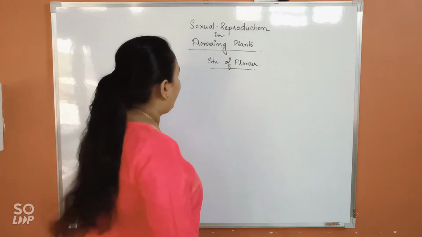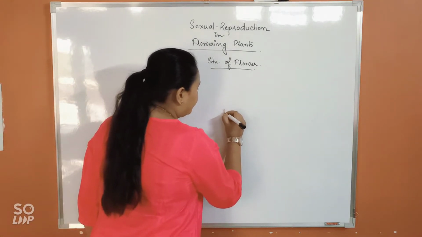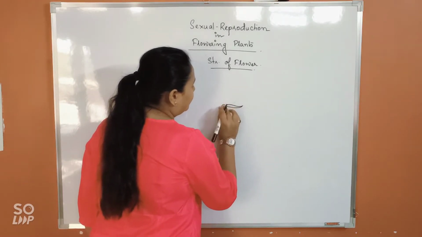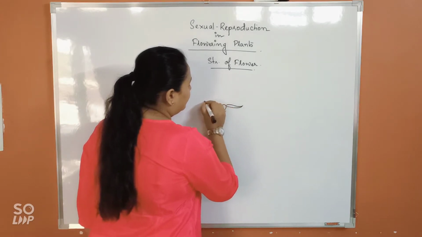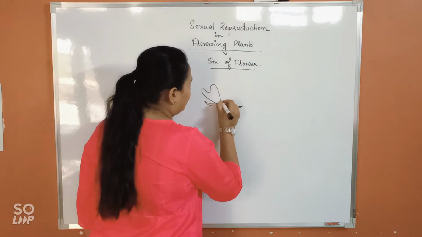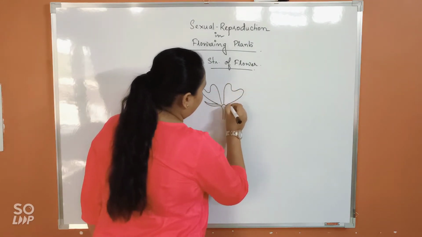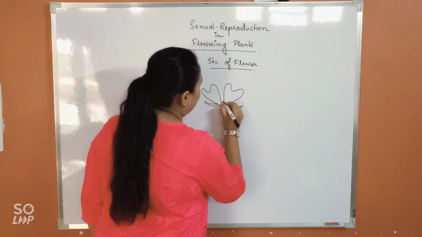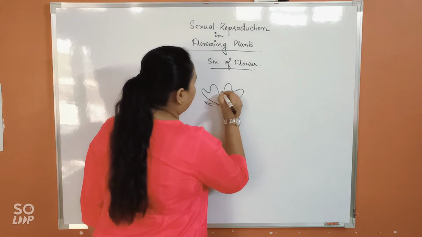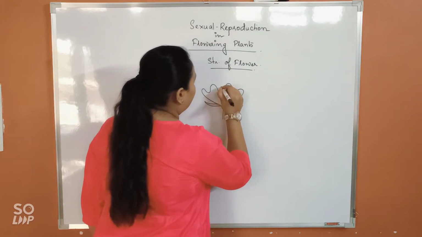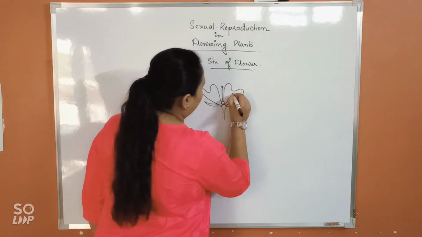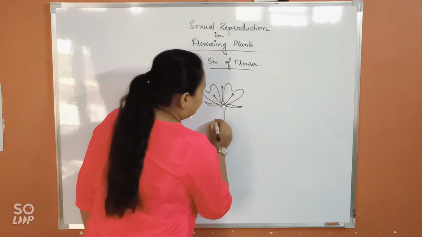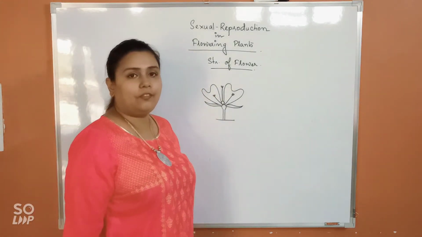So let's start. This is the structure of a typical flower.